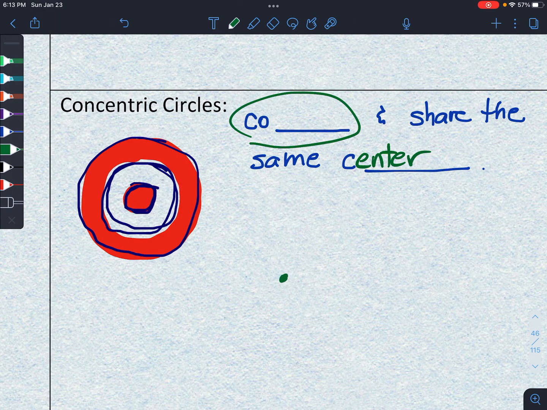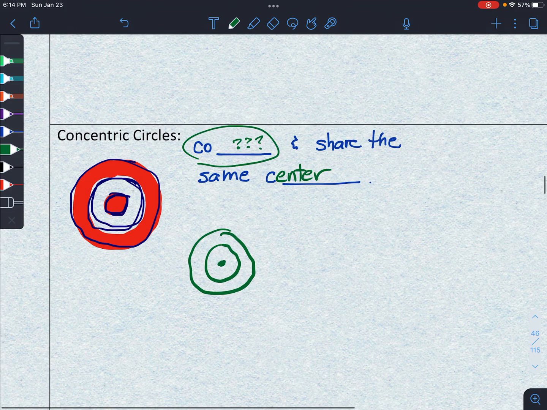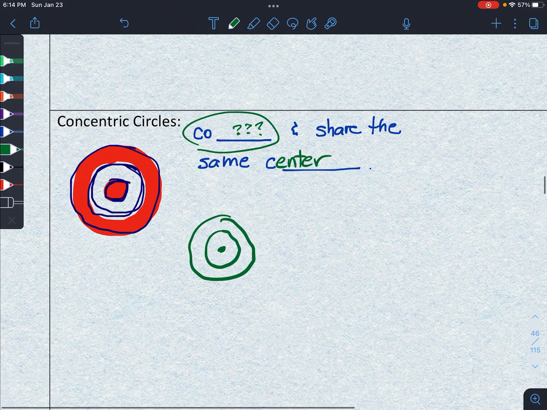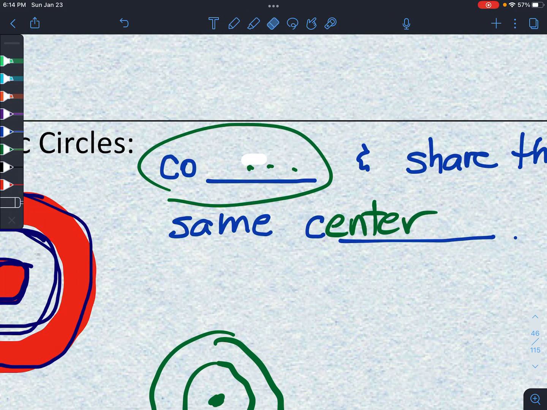But if you take a circle, and then you draw another circle with the same center, then those are called concentric circles. Anyways, continuing. Oh, I know, coplanar. So they have to lie on the same plane.